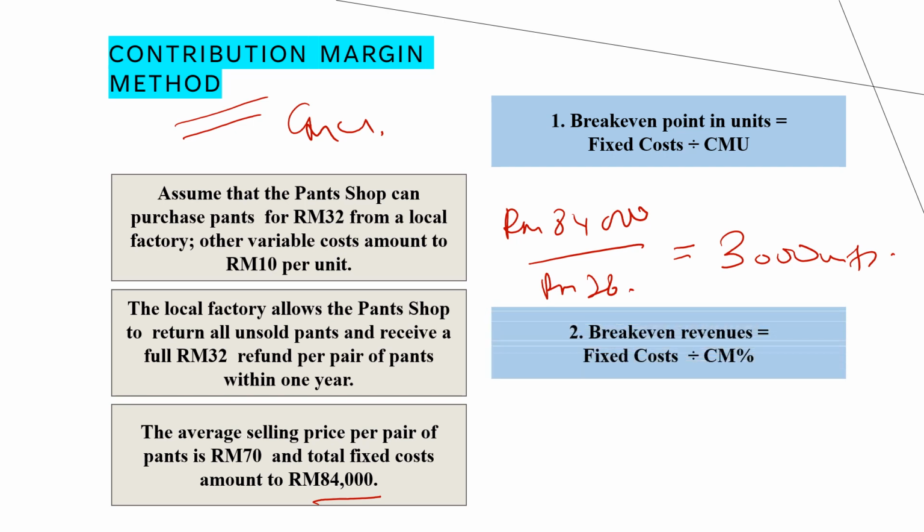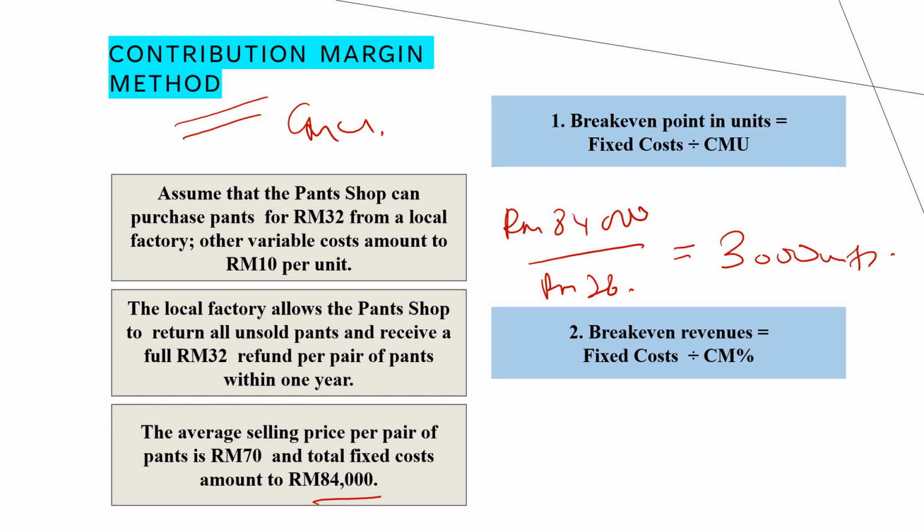Okay, then how to calculate the break-even in terms of revenues. The formula is fixed cost divided by the contribution margin in terms of percentage.